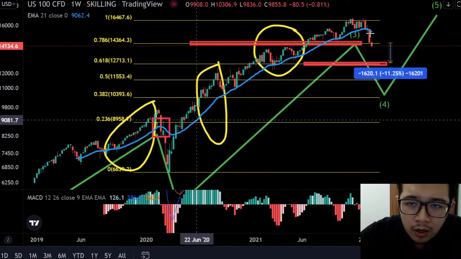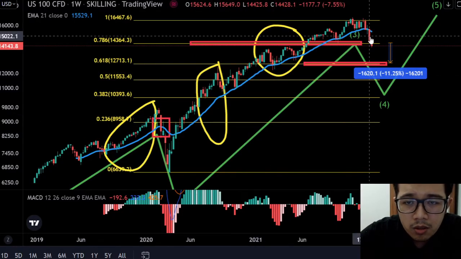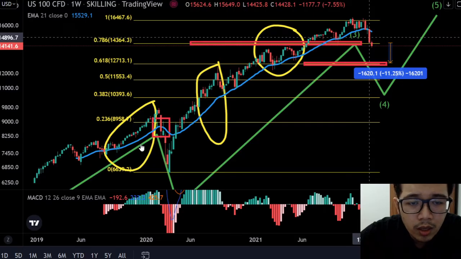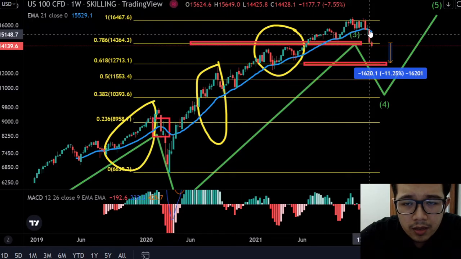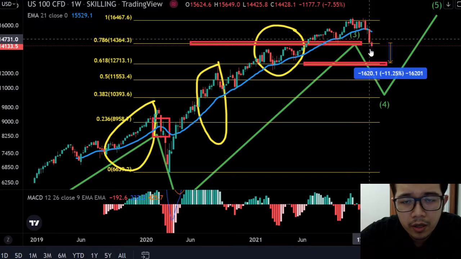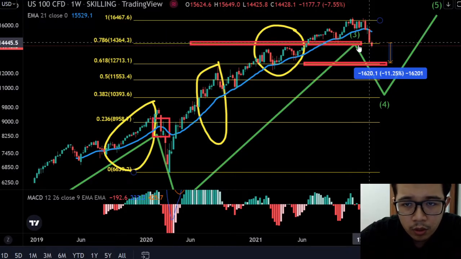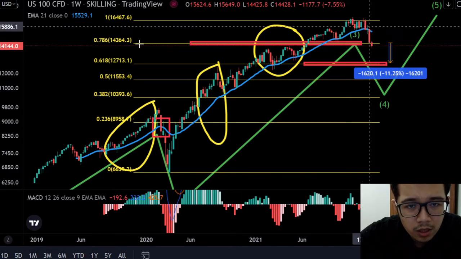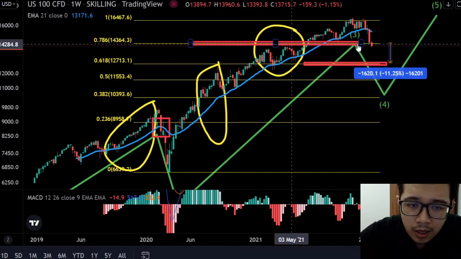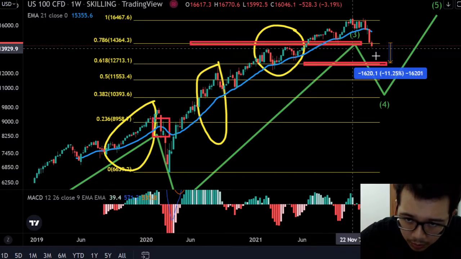However, last week is the first week since the 2020 bull run that the price closed below, and it's very hurtful for us. But you can see this dip is the 0.78 Fibonacci retracement here.